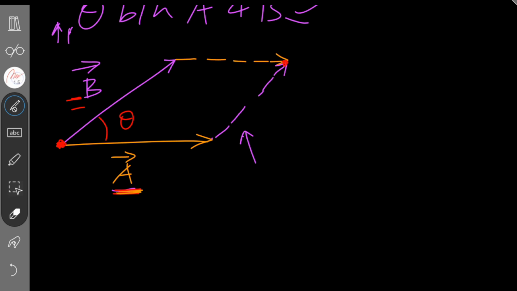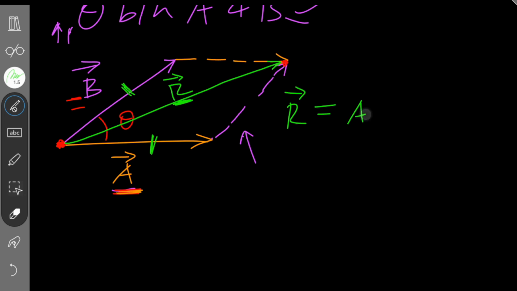Drawing this diagonal, this is the resultant R. From this figure, A and B are the adjacent sides of this parallelogram and A and B are components of R, which means R is equal to A plus B.